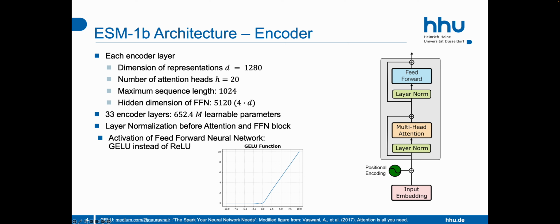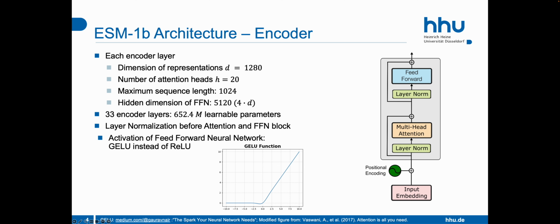As you know, the ReLU function is 0 for negative values and leaves positive values unchanged. The GELU function is very similar, but as you can see in this image, it also returns small negative values for small negative input values, which means that this function provides a smoother output compared to ReLU for values that are close to 0.